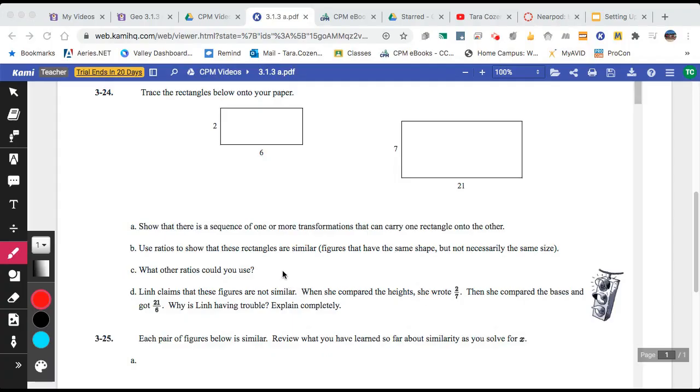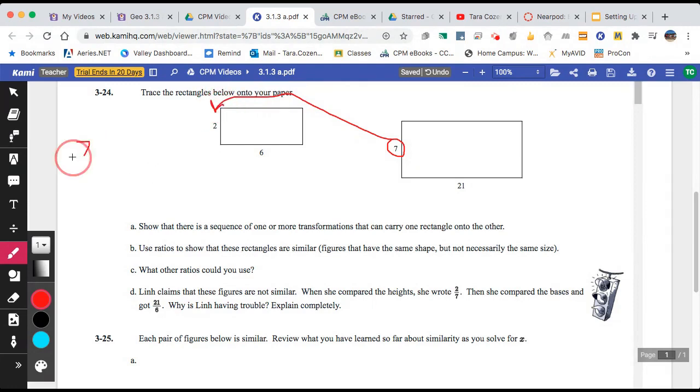Okay, we're going to use some ratios to show that these rectangles are similar, and this is just like we did in lesson 3.1.2. So I'm going to give you two different examples for B and for C, and then you guys are going to go on and do letter D after that. So one ratio we could do is the 7 and the 2.